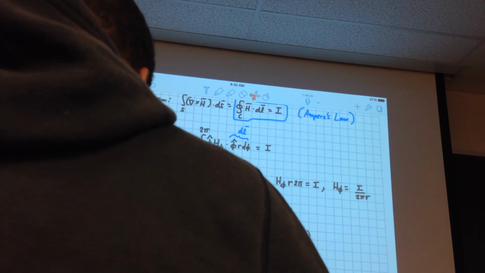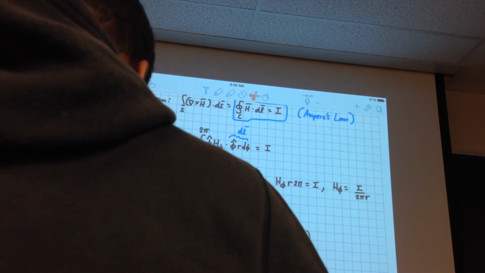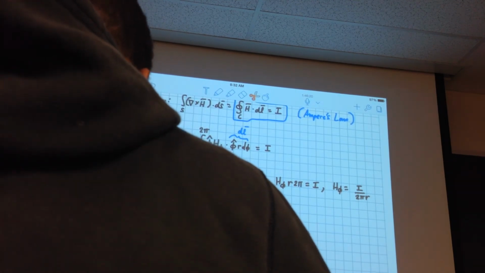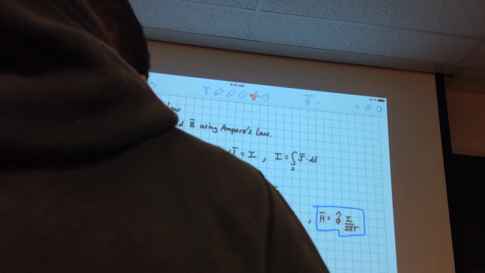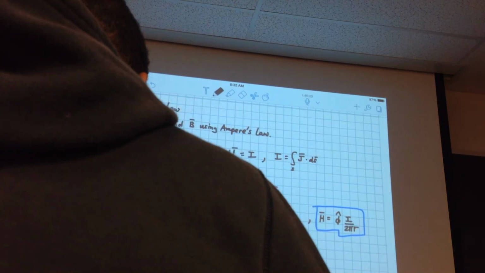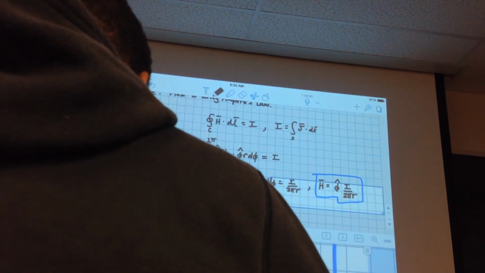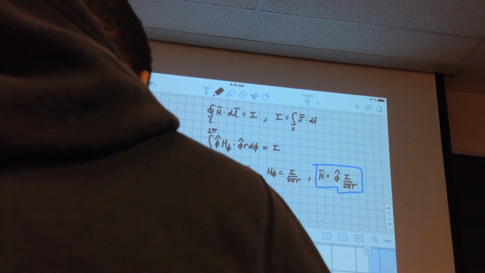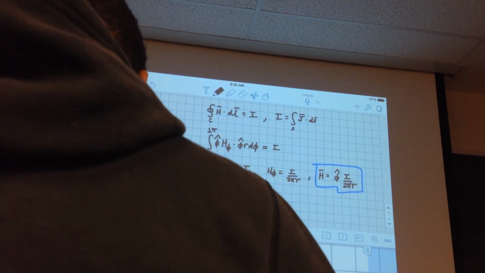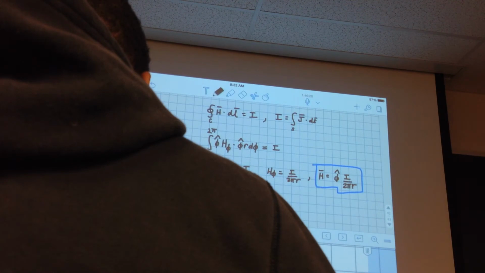All right. Any questions on that? Let's do another, sort of the opposite extreme case. Let's do another infinitely long problem.